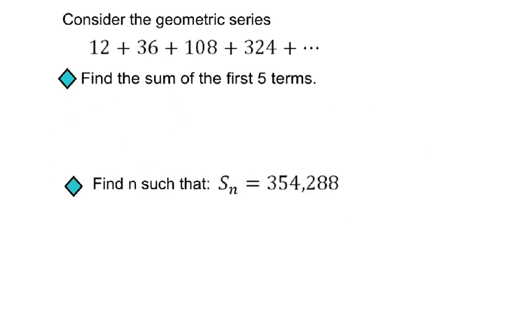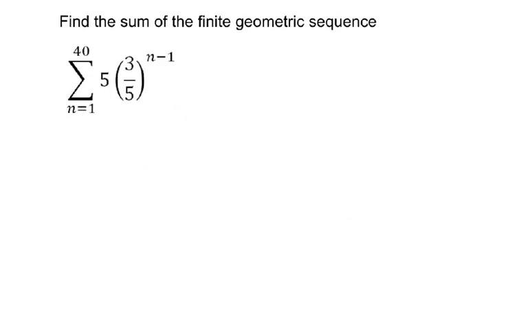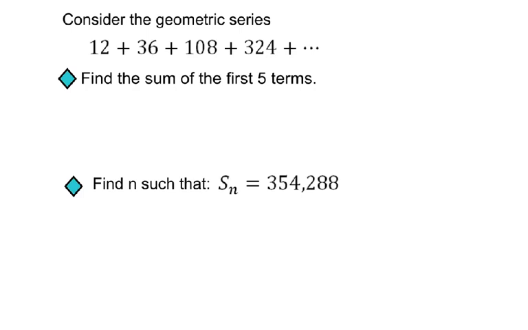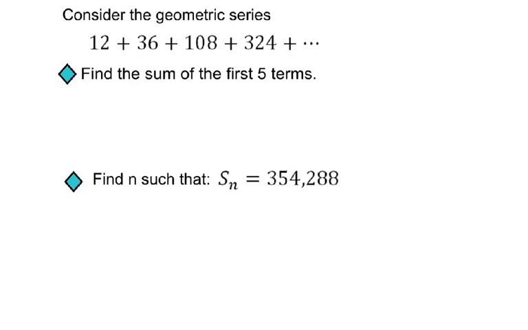All right. 2 more examples. So consider the geometric series 12 plus 36 plus 108 plus 324 and find the sum of the first 5 terms. So we have that S sub 5 would be equal to, well, 12 is the first term. r would be found by doing 36 divided by 12, so that's 3.